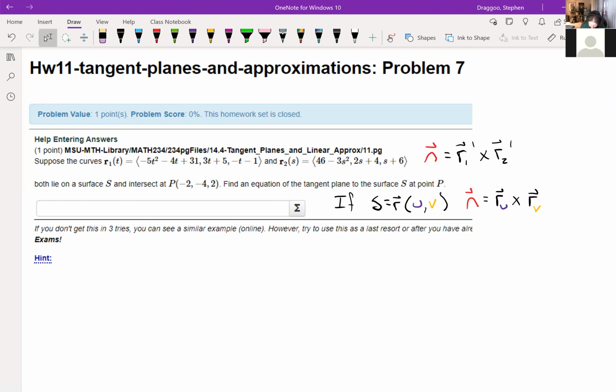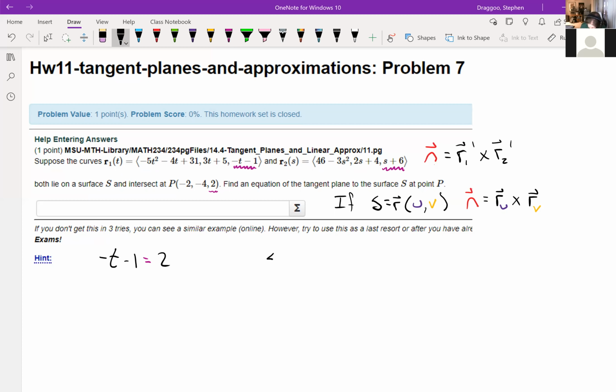The way I am going to do it is by taking a look at these two pieces. I should be able to say that at the point of intersection, -t minus 1 is equal to 2.